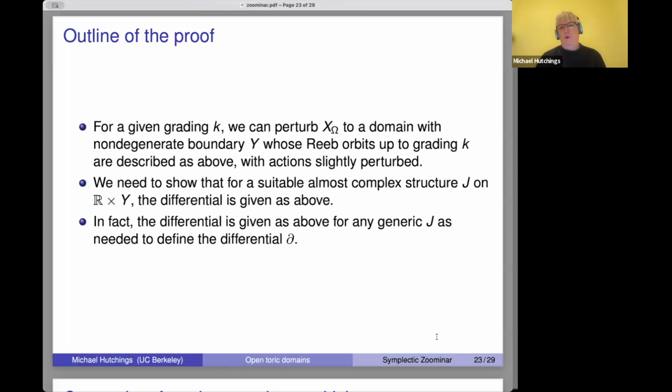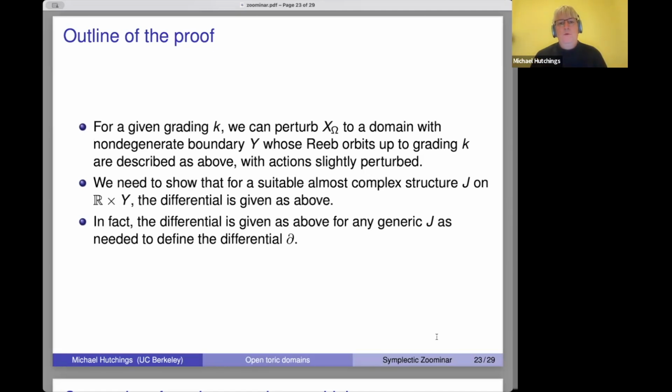I can't really do this for all Reeb orbits at once, but up to a given grading K, there are only finitely many Morse-Bott circles of Reeb orbits, and I can perturb each of them individually. And then maybe there are some other weird orbits of very large action and grading, and I don't care about them.